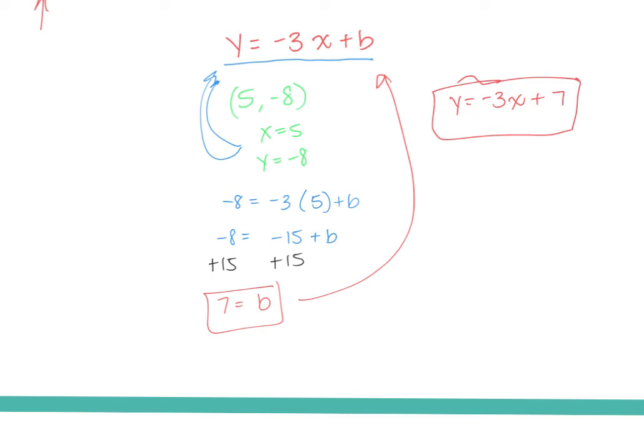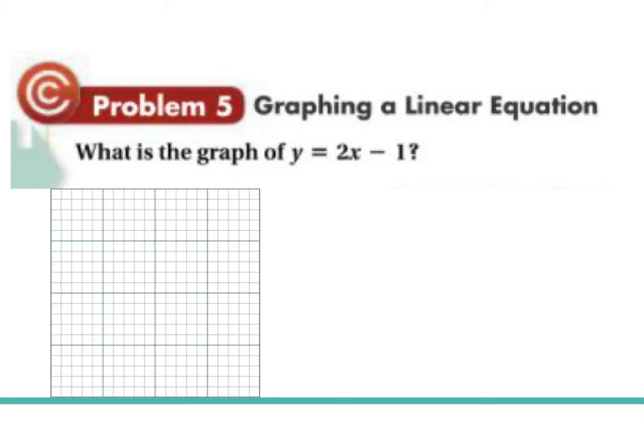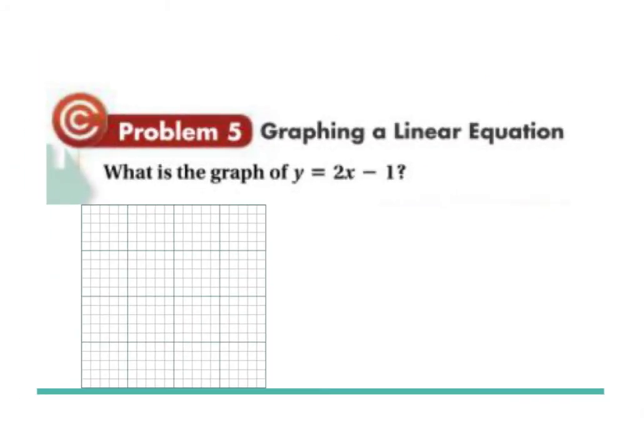All right, peeps. Moving on. Number 5. Now we're going to graph a linear equation. What is the graph of y equals 2x minus 1? Whenever we're given the equation, we can automatically figure out some stuff. Based on this equation, what's my m? 2.